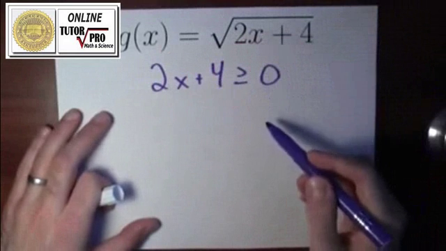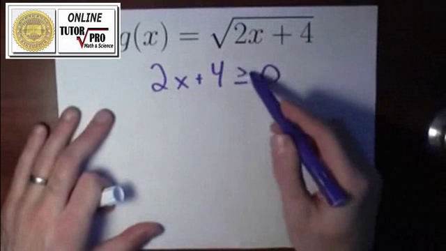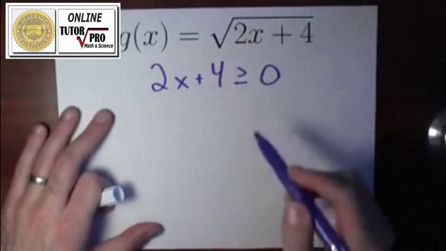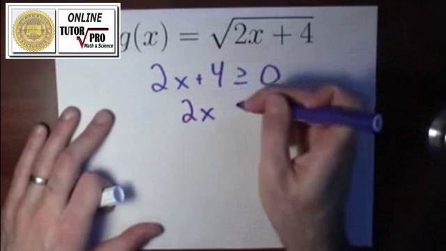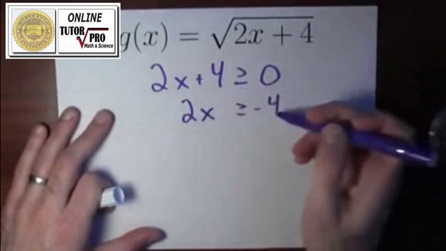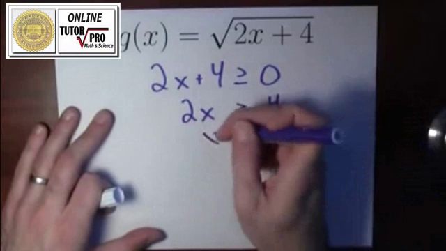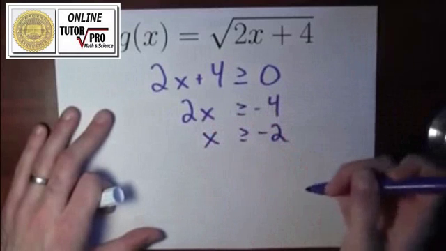Because I can't take the square root of a negative number, so I need to guarantee that 2x plus 4 is not negative, meaning greater than or equal to 0. Now I can subtract 4 from both sides, and I get that 2x is at least minus 4. Then I can divide both sides by 2. 2 is positive, so it doesn't change the inequality. x is bigger than or equal to minus 2.